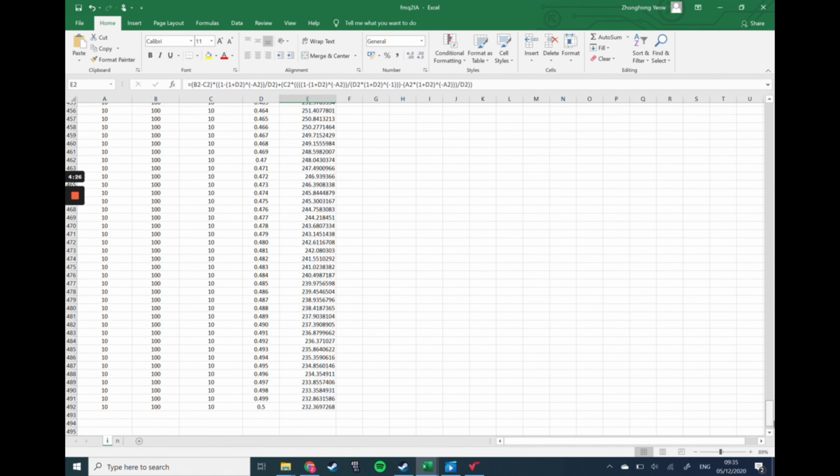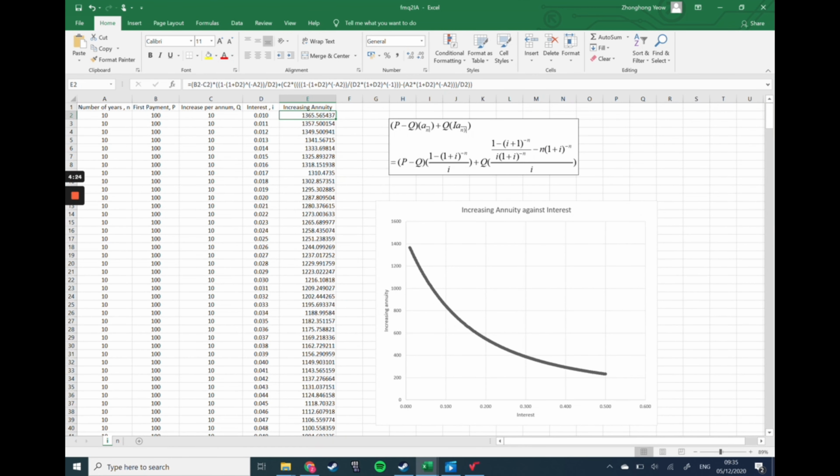Then for the increasing annuity, we have this formula, which is derived from this formula here. The increasing annuity formula is (P minus Q) times the annuity plus Q times the increasing annuity.